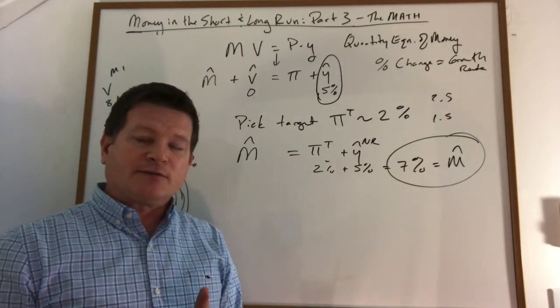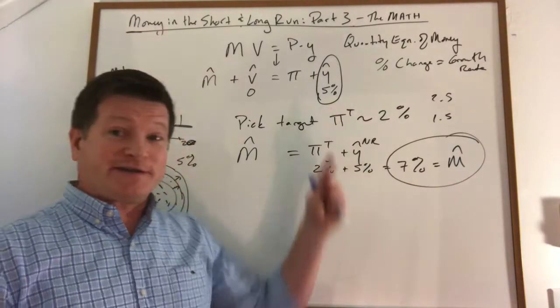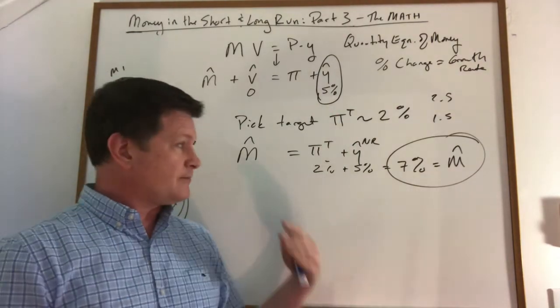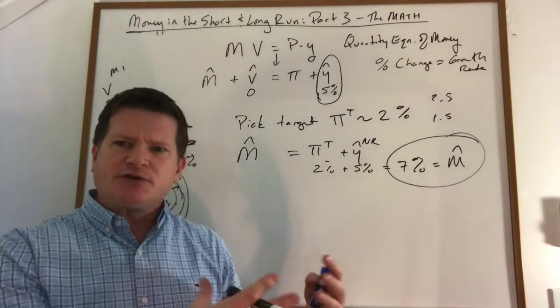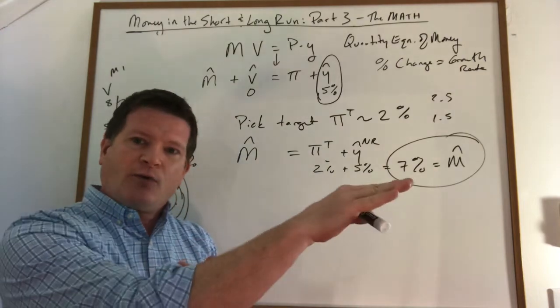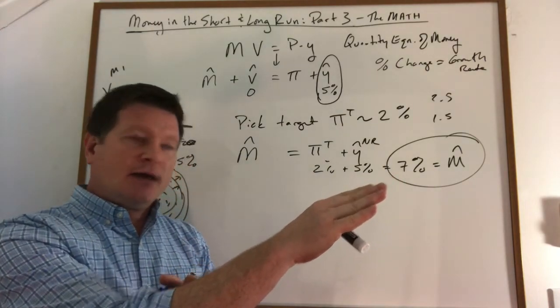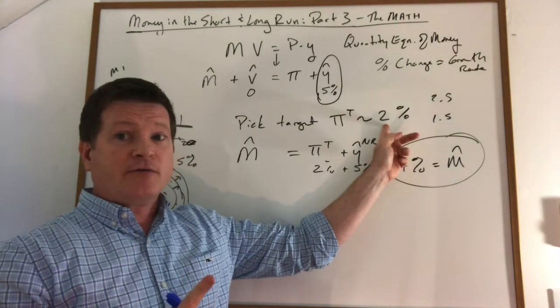Why do they do it this way? First of all, we don't know what the real growth rate is going to be over the coming year. We only know what we expect it to be. So they forecast potential and optimal and possible GDP growth and try to figure out what they think the growth rate is going to be. You pick an inflation target a little above 0.